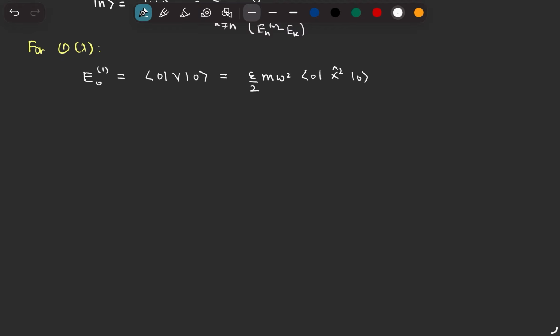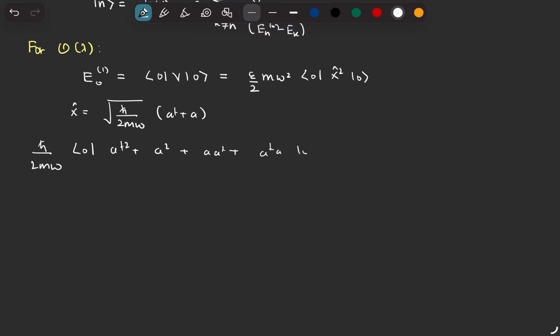We know that x hat is the square root of h bar upon 2m omega times (A dagger plus A). I'm going to plug that in, and then I will have h bar upon 2m omega, and then A dagger squared plus A squared plus A dagger A plus A A dagger.